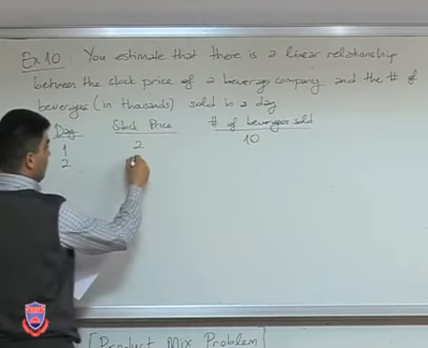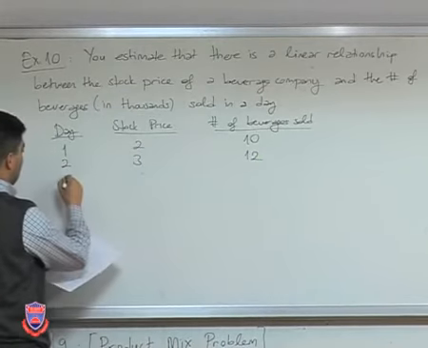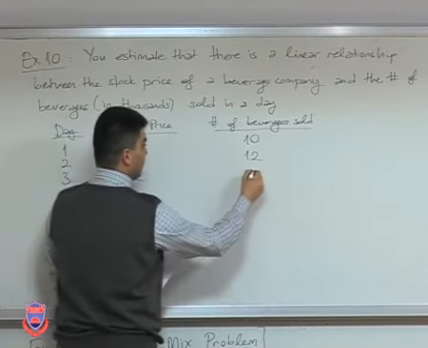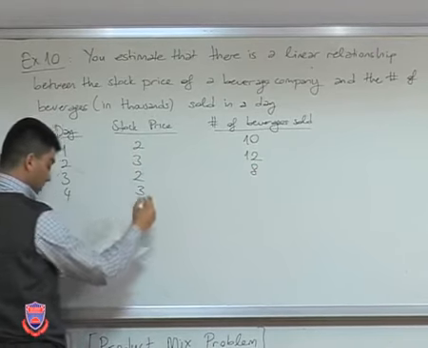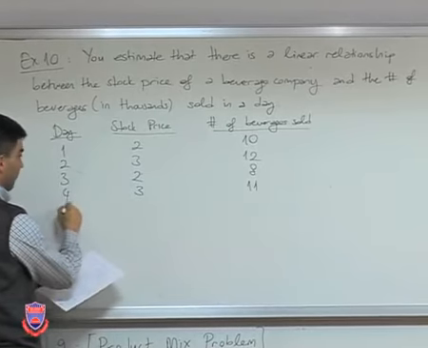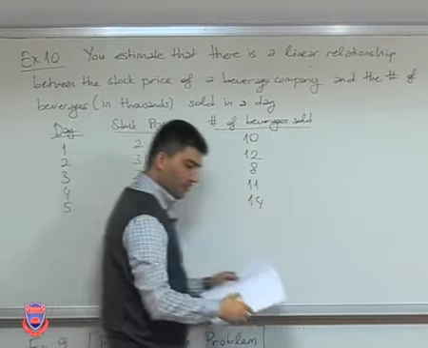In day 2, the stock price is 3, and the number of beverages sold is 12. In day 3, the stock price is 2, and the number of beverages sold is 8. In day 4, the stock price is 3, and the number of beverages sold is 11. And in day 5, the stock price is 4, and number of beverages sold is 14.